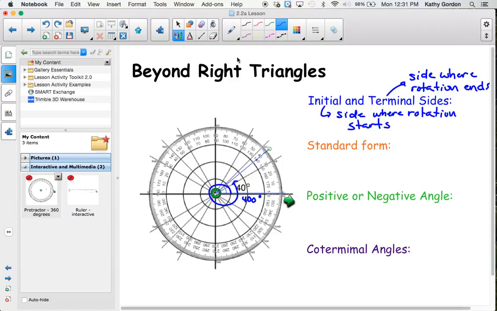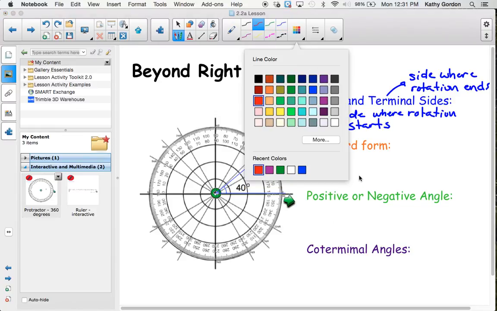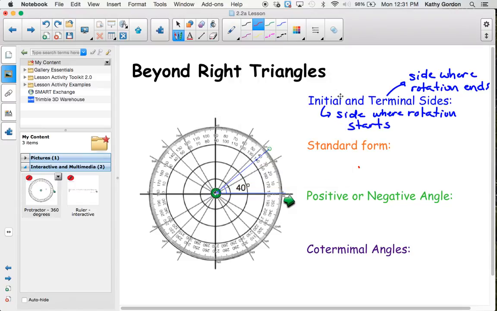When we are doing angles like this, we generally want to start out in what we call standard form. And standard form simply means that, come on, there you go.